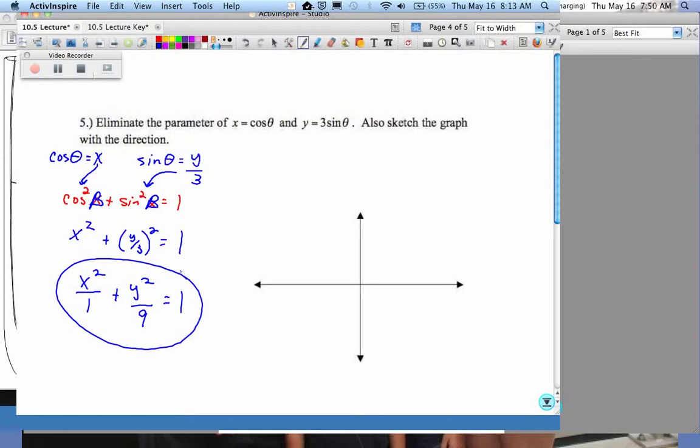So if that's the center, we'll go 1 to the right, 1 to the left, 1, 2, 3, 1, 2, 3. We should, in our heads, already know that that's what the graph looks like. Because we're switching out of parametric, which is difficult to recognize, into rectangular that we do recognize. The last thing would be to go to the calculator and get the direction.